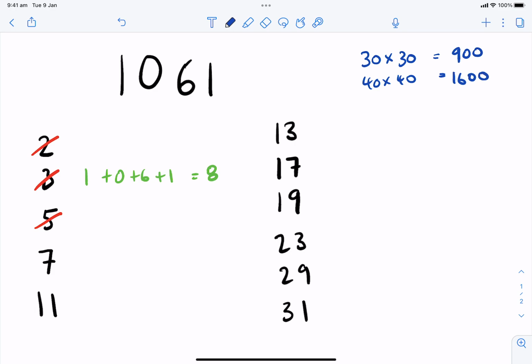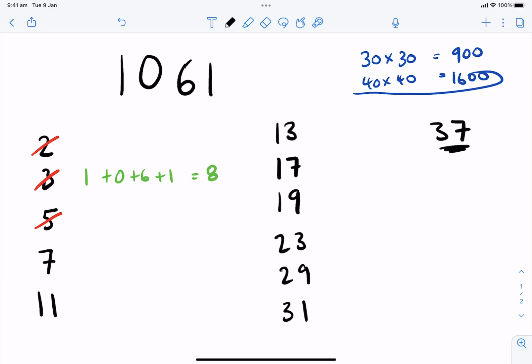So I only need to go to something less than 40, definitely. And so the only primes after 31: 33 is not prime because it's divisible by 11, 35 no, but then I can check 37. I think we'll find 37 is too big anyway, but if I go up to that I know I can stop.